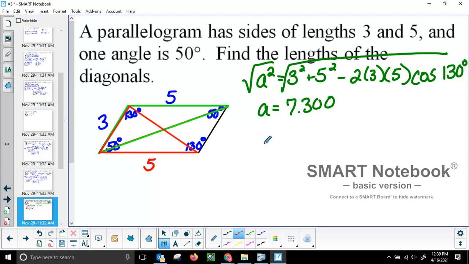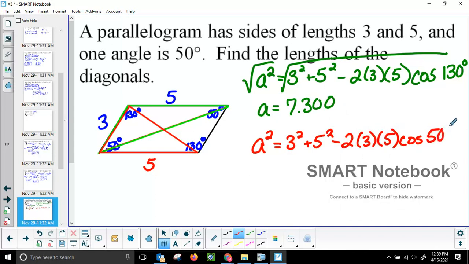So I'm going to say a squared is equal to 3 squared plus 5 squared minus 2 times 3 times 5 times the cosine. This time my included angle is 50 degrees. So of course I will take the square root of all of that.